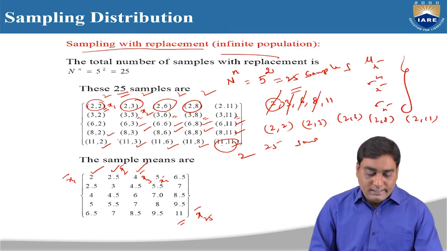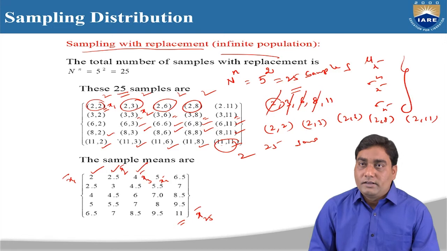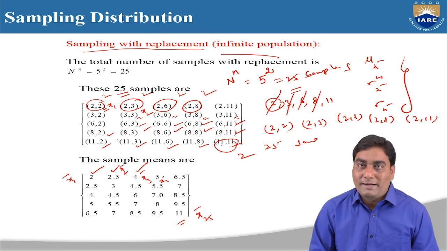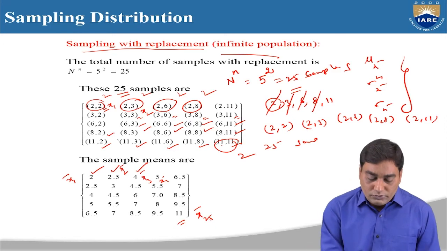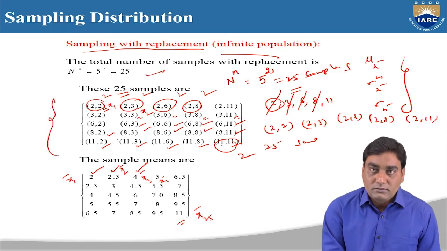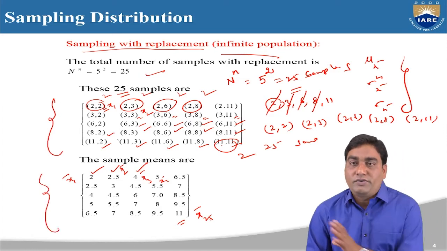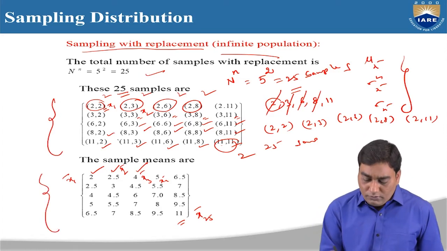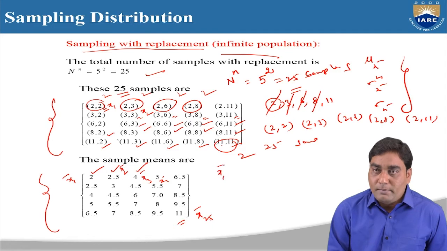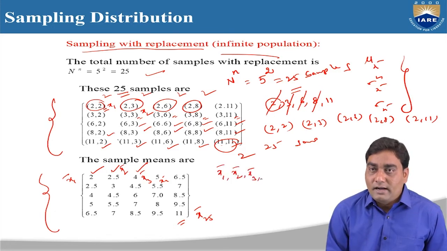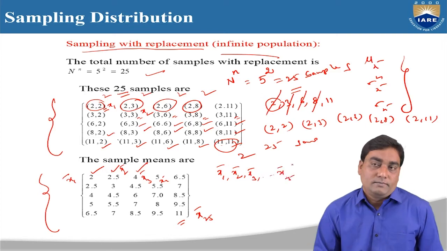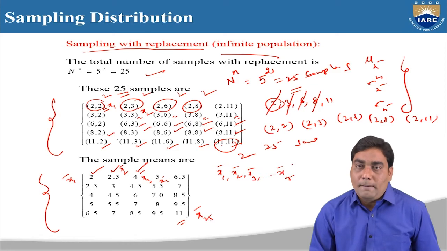Now, again I am repeating, the total number of samples with replacement, formula: capital N power small n. So, I have written 25 samples with size 2 and found the mean of all 25 samples. So, we got x1 bar, x2 bar, x3 bar and so on, xn bar, where n equals 25. All the sample means we got.